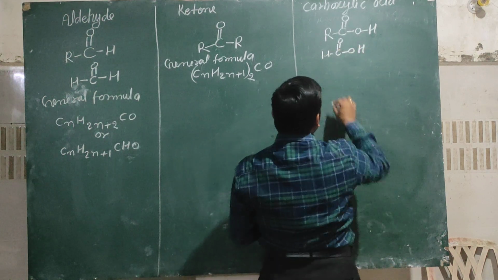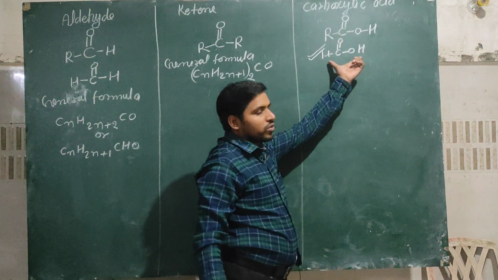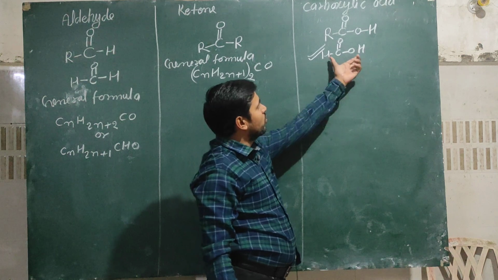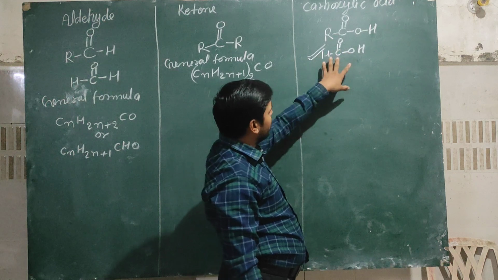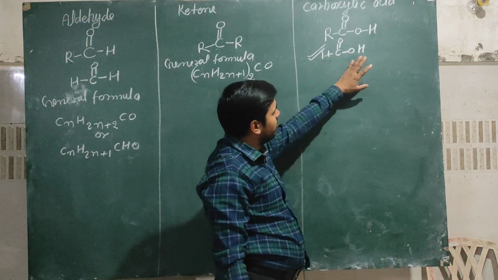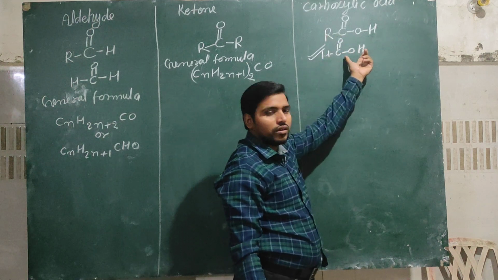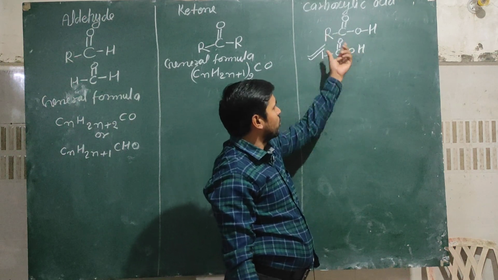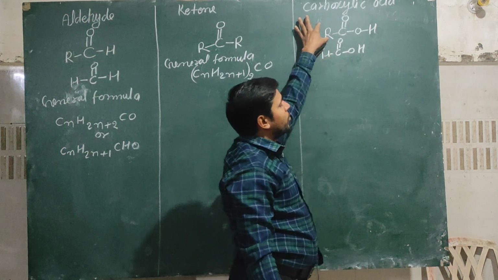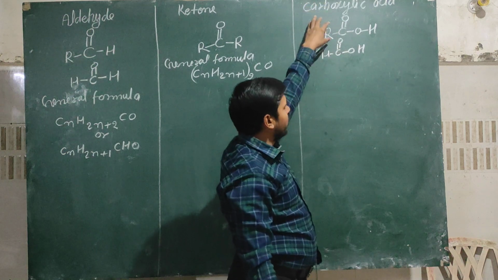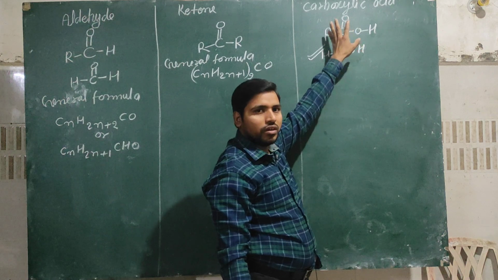Okay, in this situation carbonyl group is present in between hydrogen and hydroxide group. जब कार्बोनिल ग्रुप हाइड्रोजन और हाइड्रोक्साइड ग्रुप के बीच में पाया जाए तो इसे हम बोलेंगे फॉर्मिक एसिड। But except this formic acid, all type of carboxylic acid have one side carbon atom and one side OH in their structure.